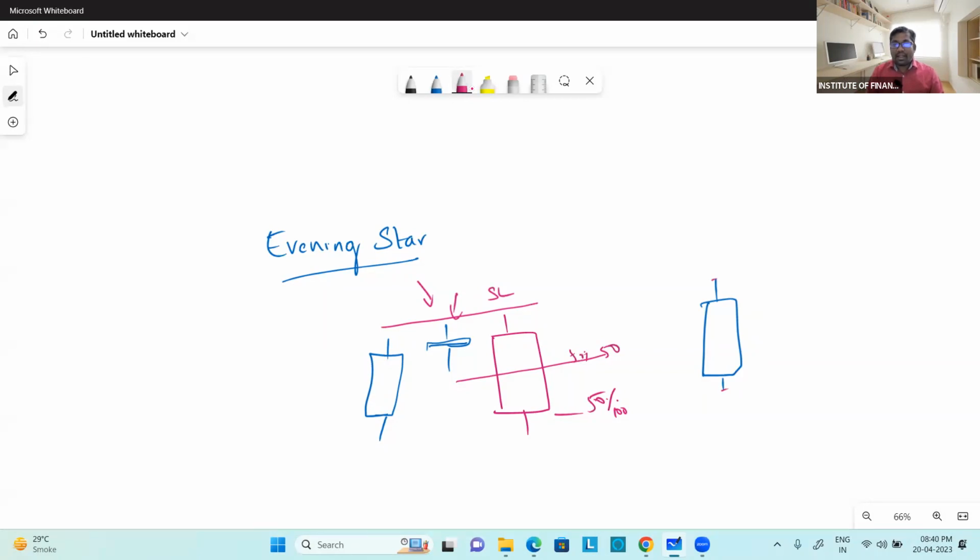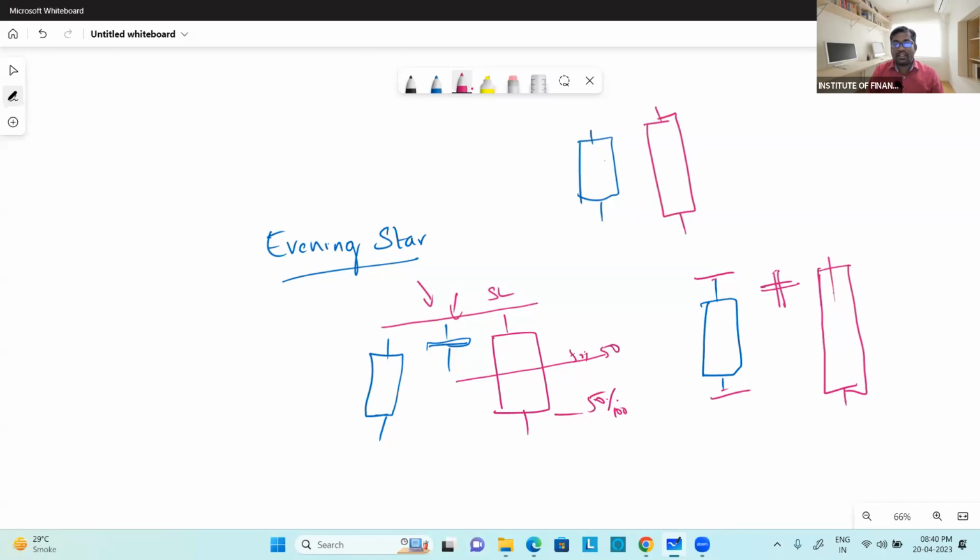Now here, what will happen? A small doji will be there, with no real difference. Later here a candle will come and cross this. Okay, now look at this. This is a green candle, and whatever activity is happening inside this, and whatever the red candle is forming from here to here.